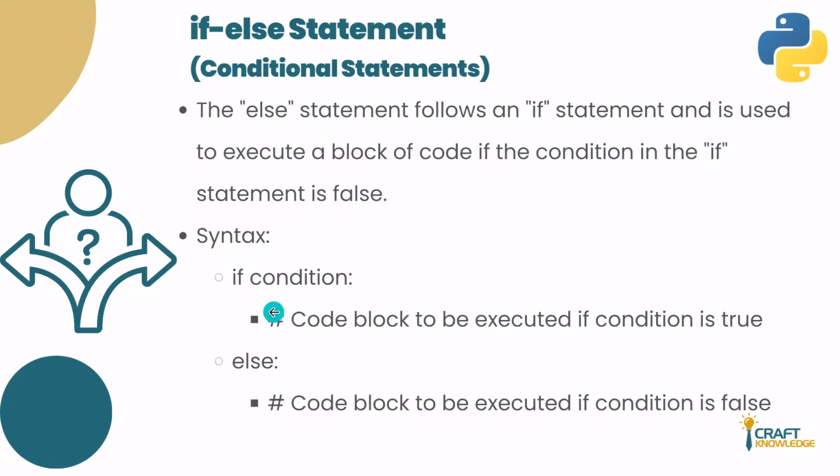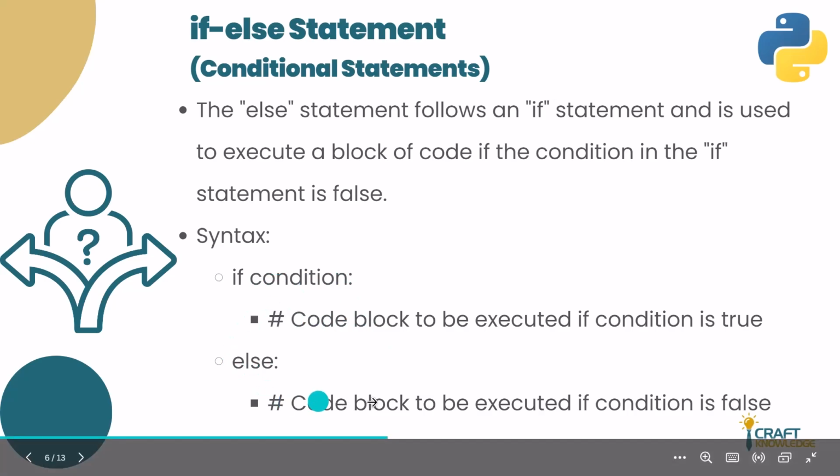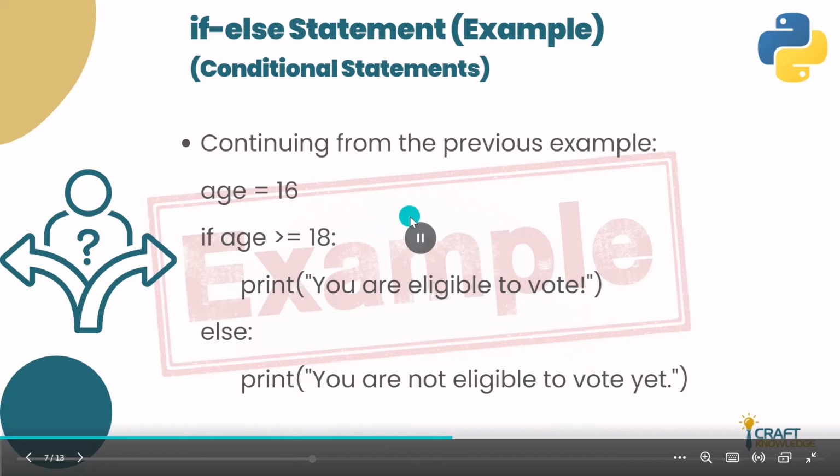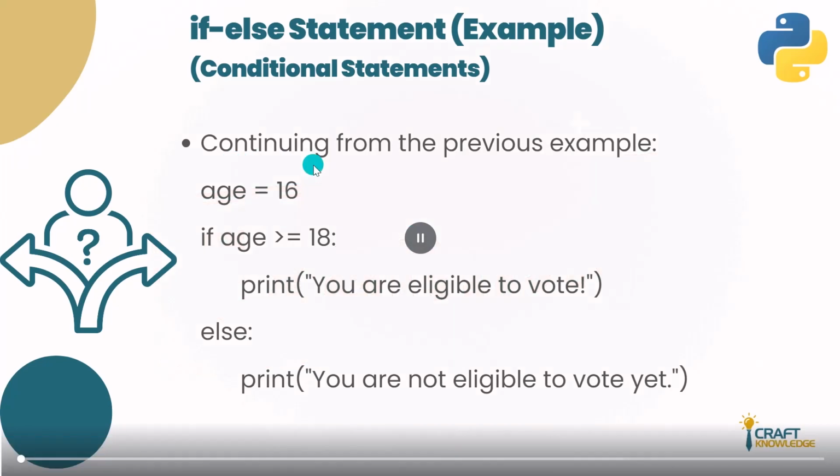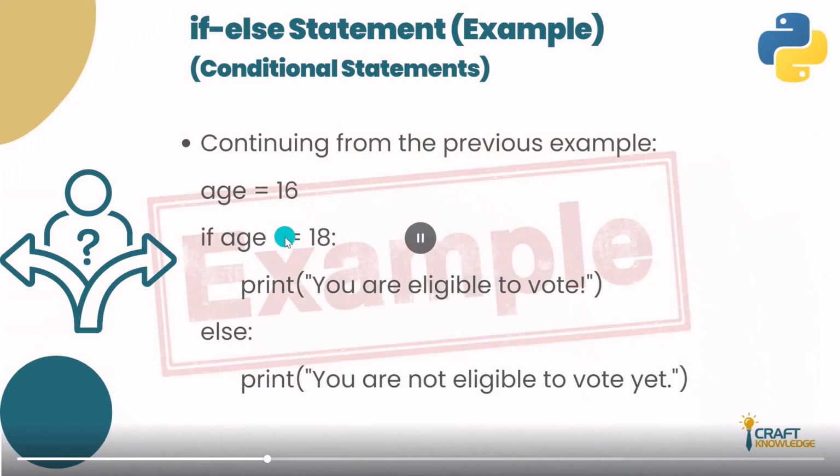So if this if statement is false, then the else body will be executed. For example, here we have the syntax. The if condition is exactly the same. If this condition is true, then this code is going to be executed, but if this condition is false, then it will go into the else part and the body of the else part will be executed. Confused? Don't worry. Here we have an example. So let's continue our previous example, the voting example, and the age is 16.